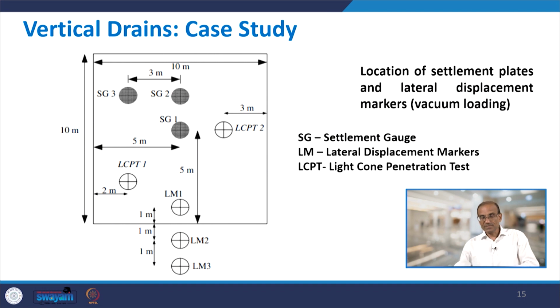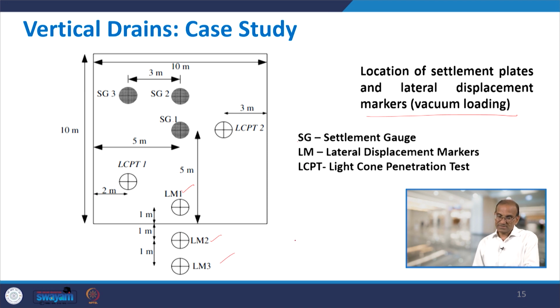In this figure for vacuum loading, 3 types of transducers are given. One is the settlement gauge, SG: SG1, SG2, SG3. Then the second is the lateral displacement markers, LM: LM1, LM2 and LM3.